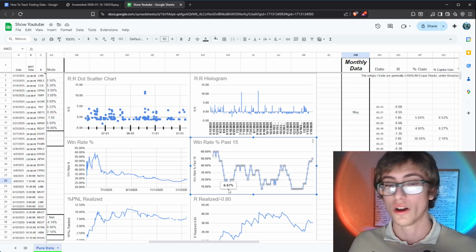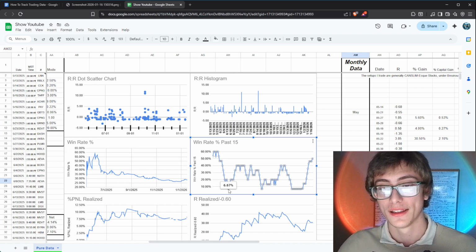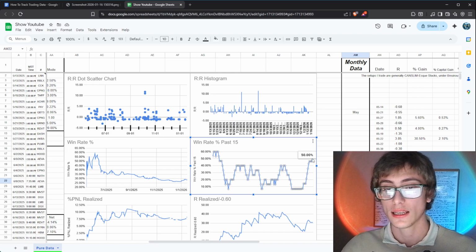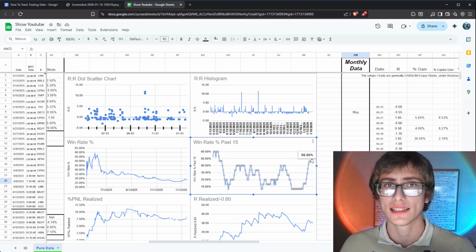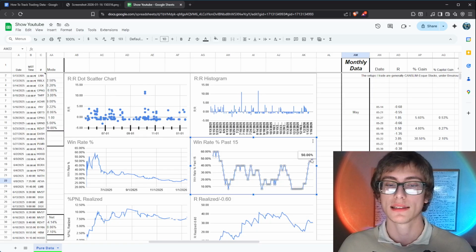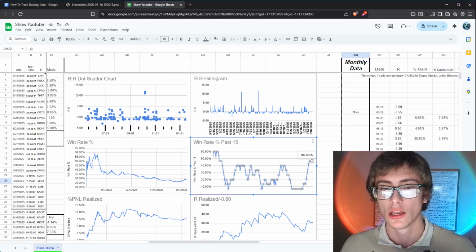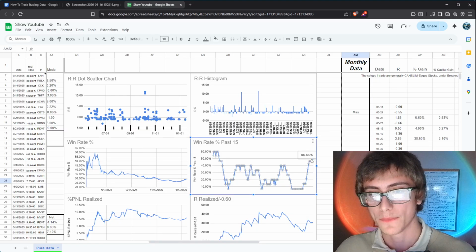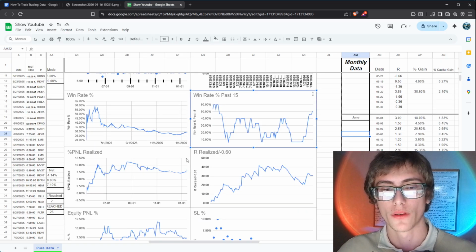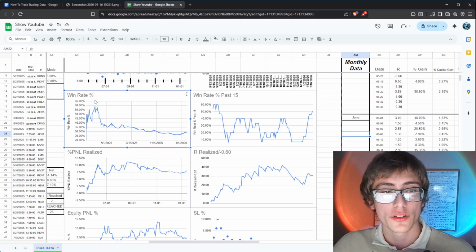So like 1 out of 15, horrible. But as it ramps up, it gives you the indication, oh, market's improving, my system is performing better. Time to increase my sizing, increase my risk. So this is one of those data points that you can use to derive valuable insights to create actions off of. So here's my win rate percentage.